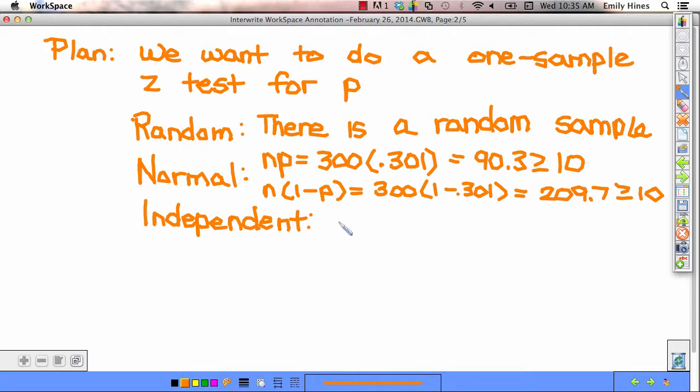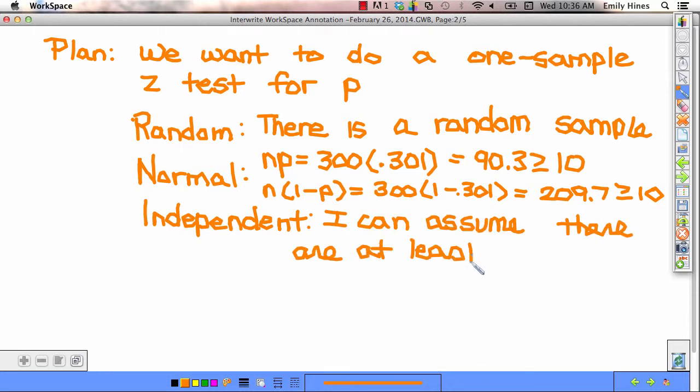So it's normal. And I can assume that there are at least 3,000 expenses in this report, because I need the 10% condition. So 10% of 3,000 is the 300 that my sample size was. Okay, so all of my conditions are met.